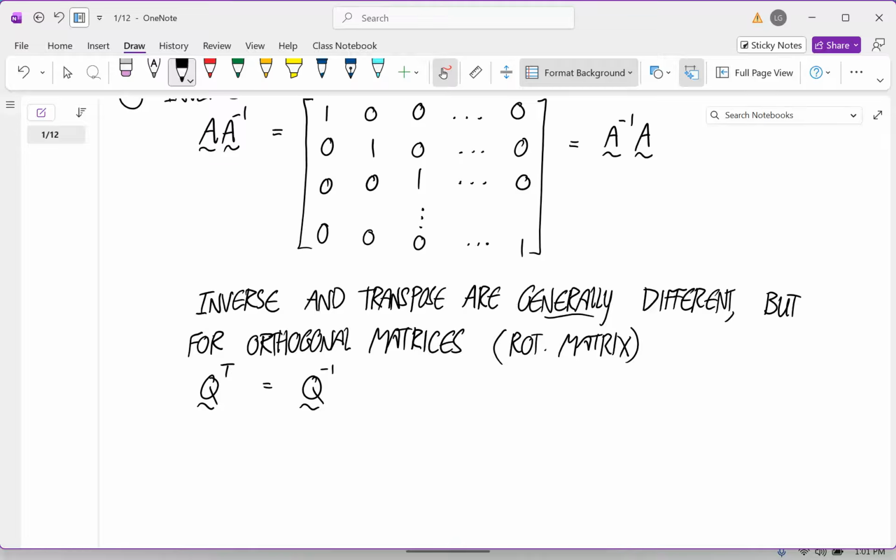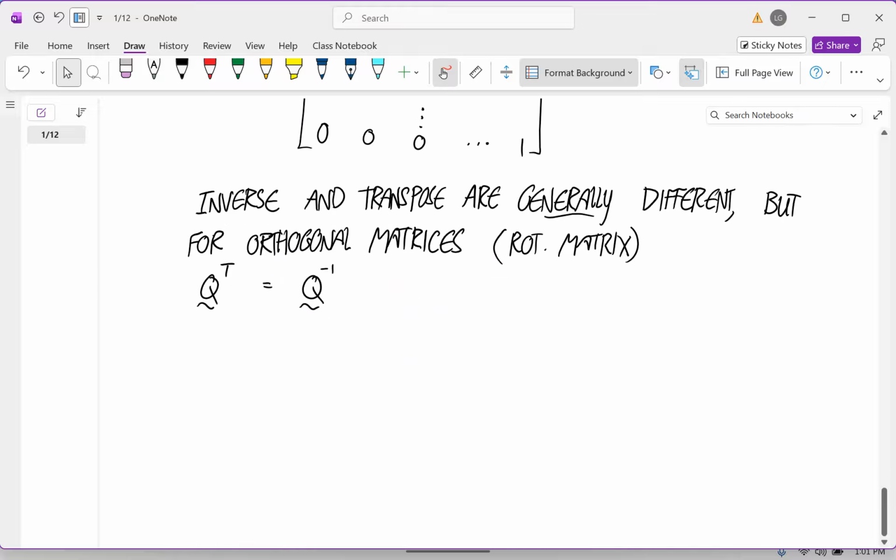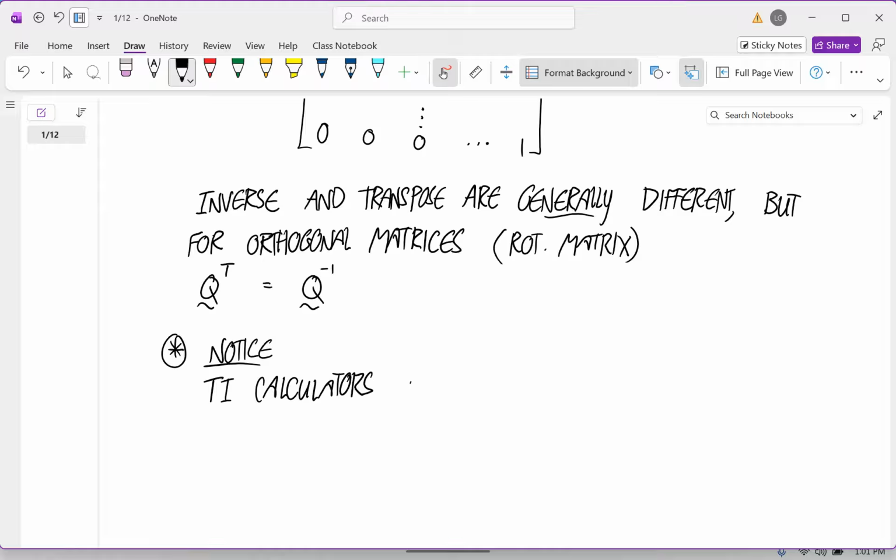On TI calculators, notice in TI calculators, you can calculate the inverse by raising a matrix.